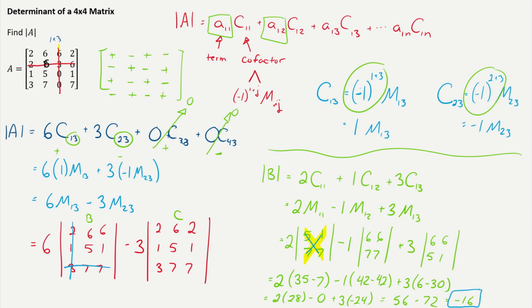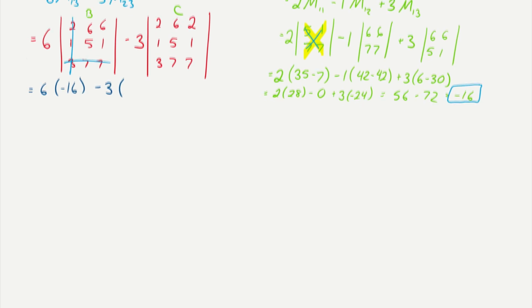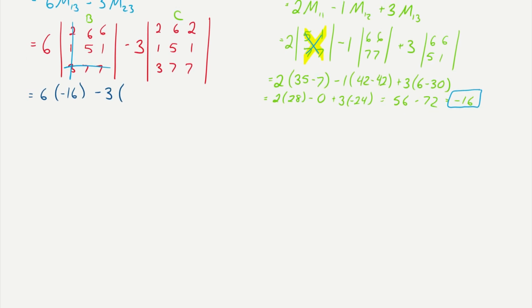So going back to my original formula, which is finding the determinant of A, I now have 6 times negative 16 minus 3 times, well, now I have to find the determinant of C. So we'll slide down. And this time I'll try and go quicker to show you how it doesn't have to take that long to find the determinant. So what do we want to do for C?